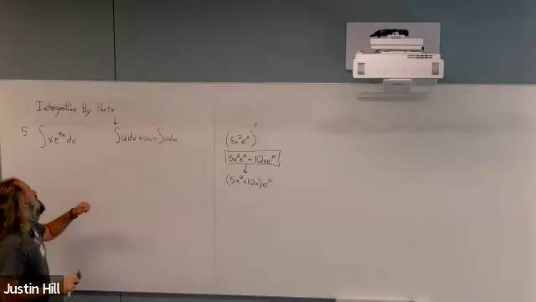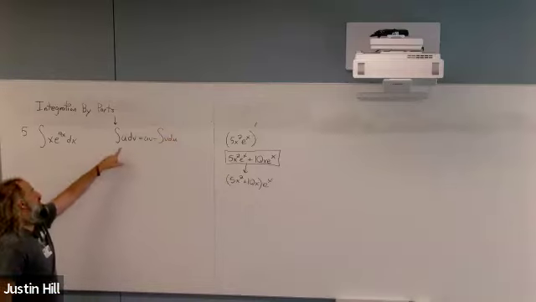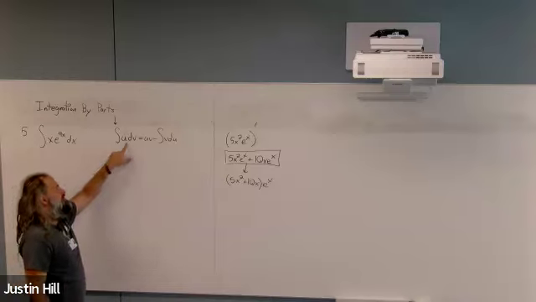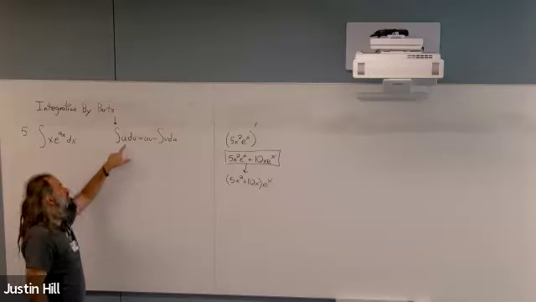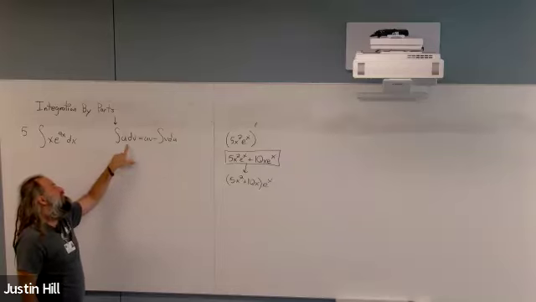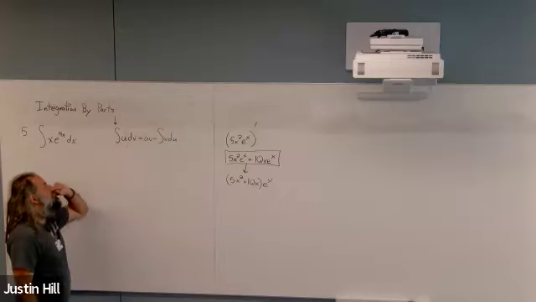The idea here is you take the integral we're looking at. It's sort of the result after the product rule, with some extra pieces added.